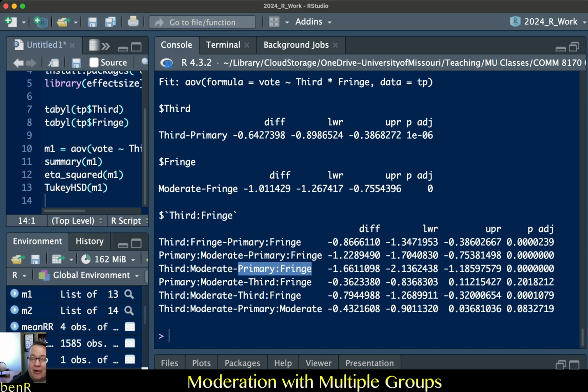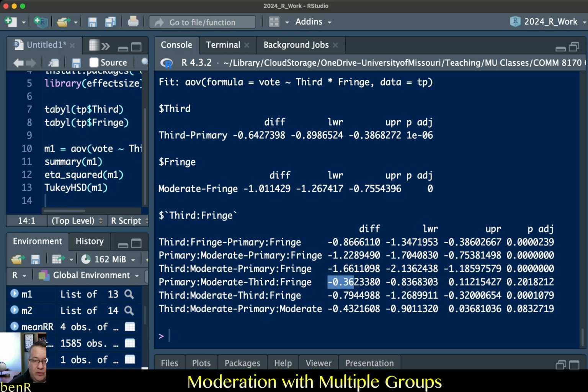Now, third-party moderate versus primary fringe, okay, this should be a landslide for the primary fringe challenger because you're better off being in the same party and you're better off being a fringe challenger, and the difference is 1.66 on the vote scale, so that's again a big difference, no surprise there. The primary moderate versus the third-party fringe, maybe this is an interesting test for you because if you're going to challenge from the center, is it best to do it in a primary where you stand a chance, or would you be better off being a third-party candidate in the general, but challenging from the fringe?